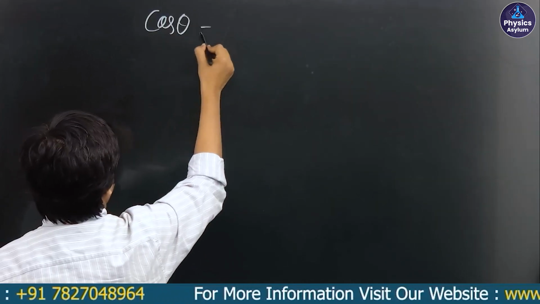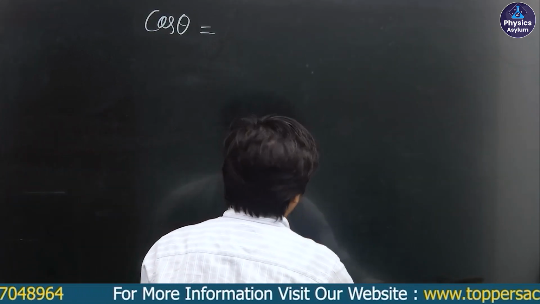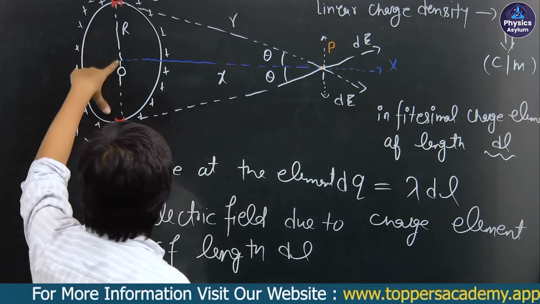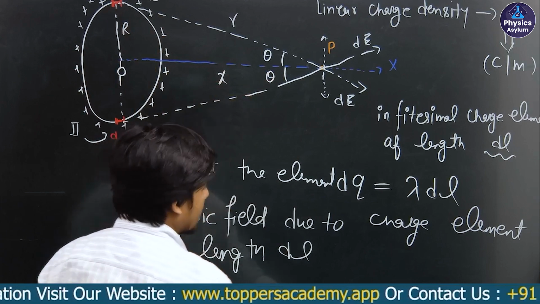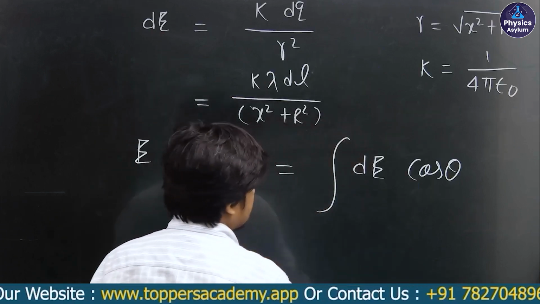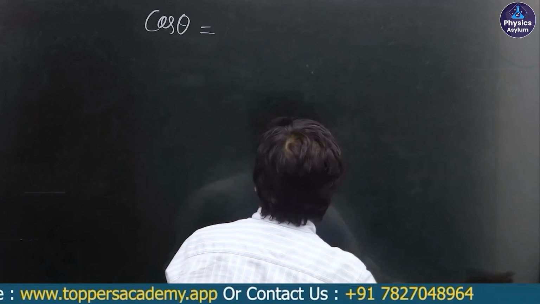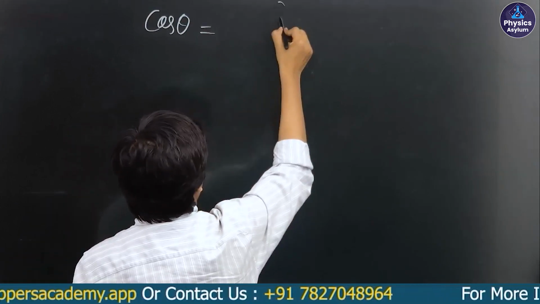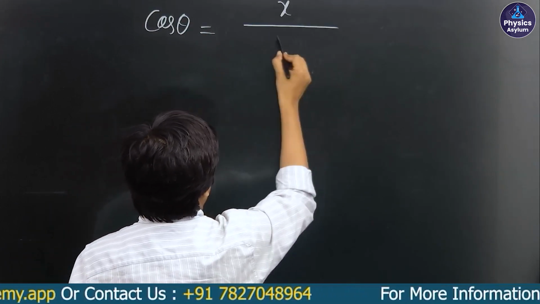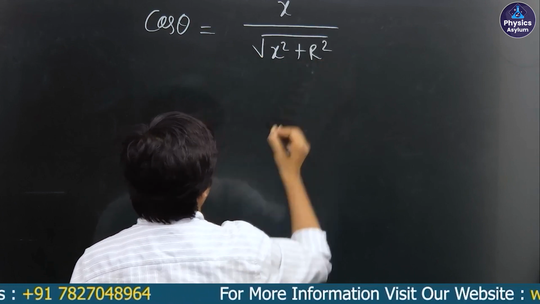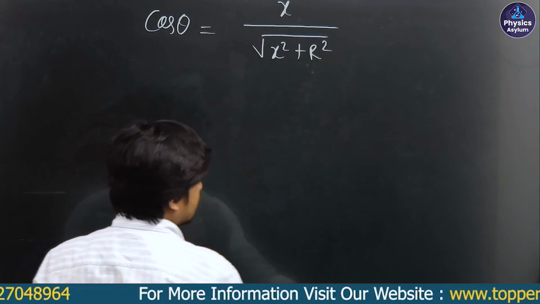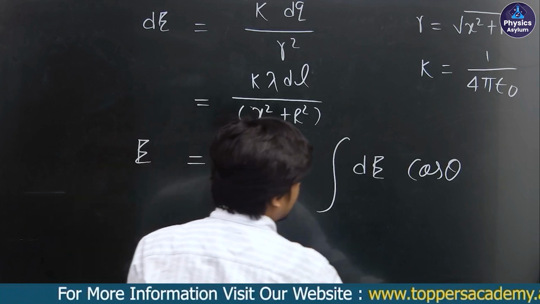Again from that right angled triangle, I can write that cos theta will be x divided by square root of x square plus capital R square. Now if I put this expression here, what will I get?